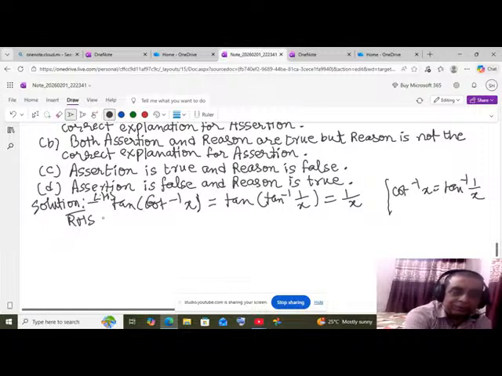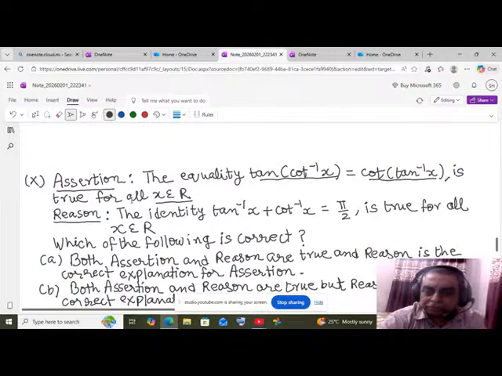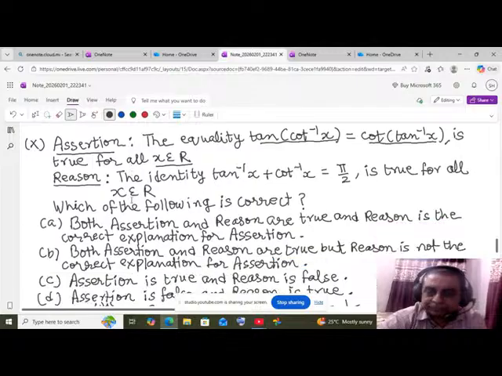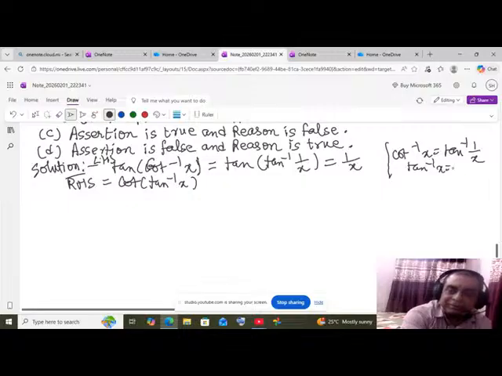Now RHS. RHS is given to us as cot of tan inverse x. Tan inverse x we know is equal to cot inverse 1 upon x.